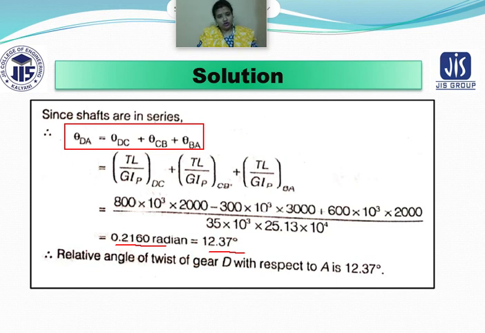In the question it has been asked, what is the relative angle of twist of gear D with respect to A? That means in D you are making a relative angle, and with that relative angle it is affecting your pulley A. So the answer is 12.37.